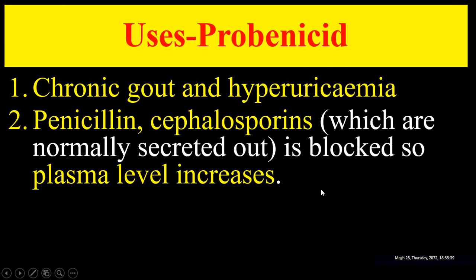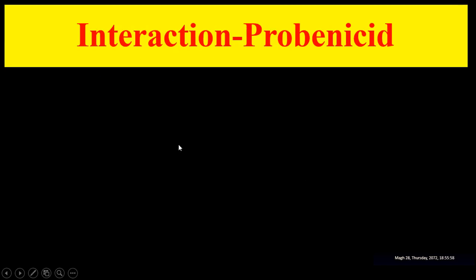It increases the plasma level of those things thrown out by the kidney, and it decreases the plasma level of those things which are normally reabsorbed, that is uric acid, because this organic acid transport protein functions bidirectionally.